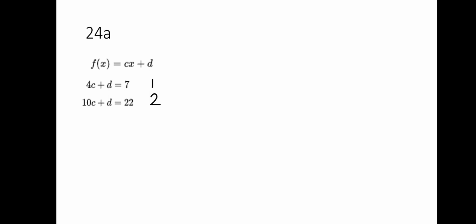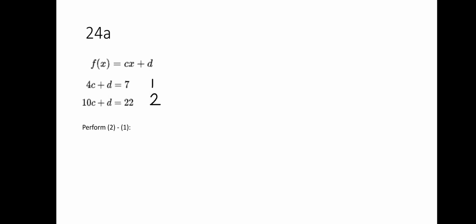And then when you do the same thing for x equals 10, you'd get 10c plus d equals 22. So now we have a pair of simultaneous equations. We can do the second equation minus the first equation in order to cancel out the d term in both of these equations.